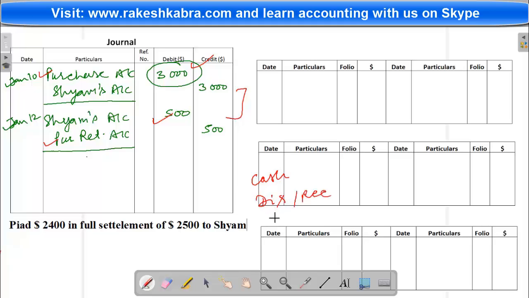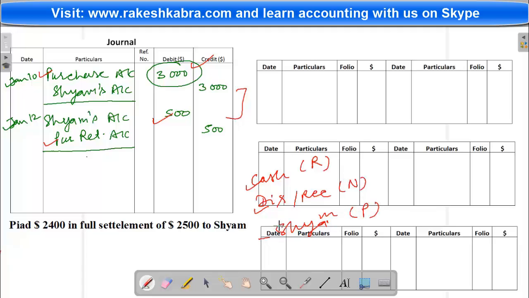We paid the money, so cash gone, and there is income in the business. And we paid money to whom? We paid money to Shyam. And now decide their category. Cash is a real account, discount received is a nominal account, and Shyam is a personal account.